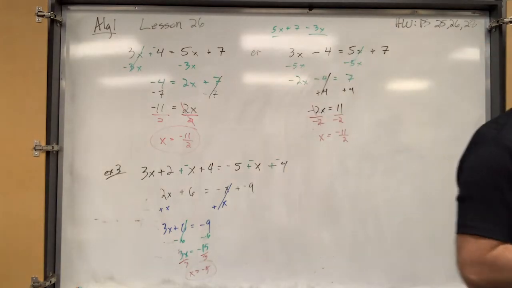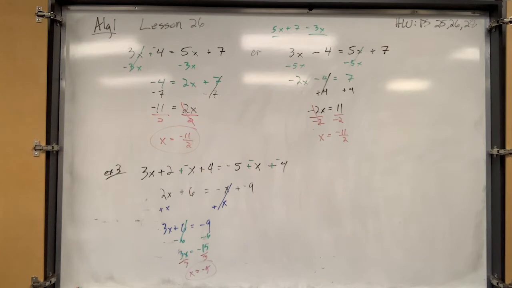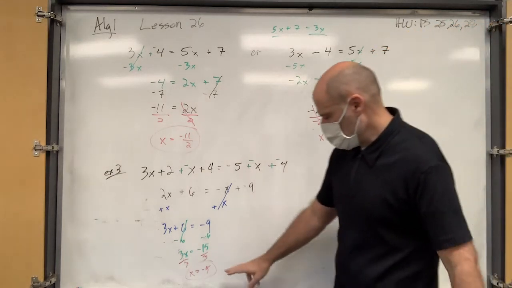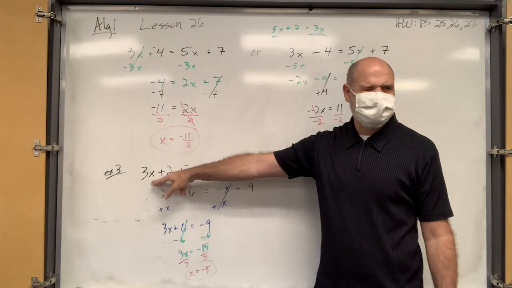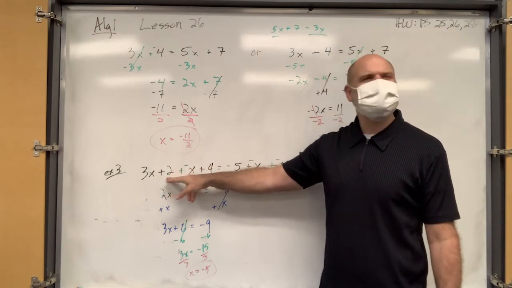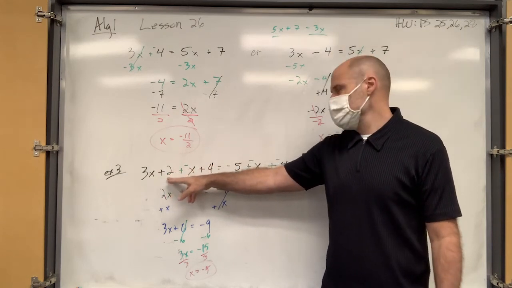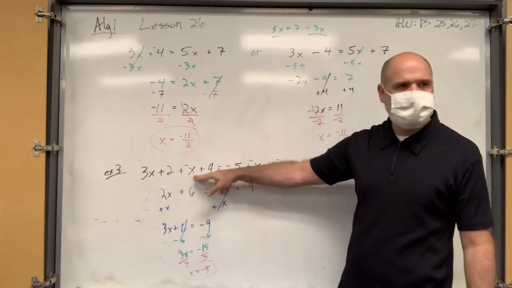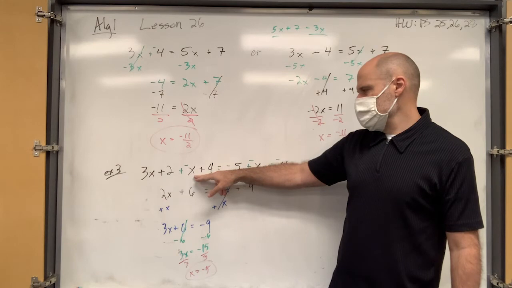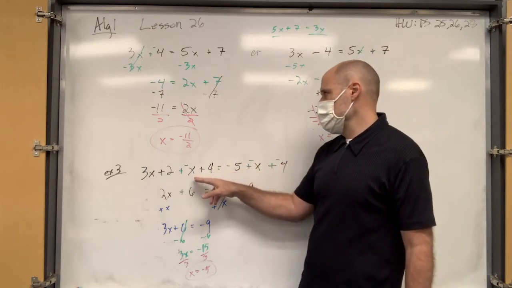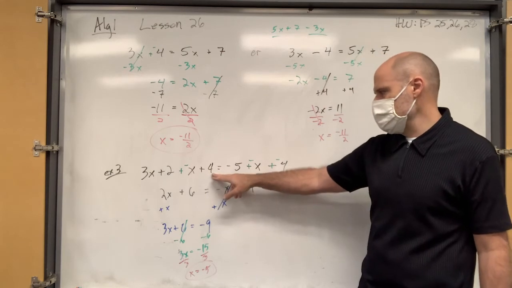All right, and here's something, if you're taking a test, then you should do this. Plug it in. What's 3 times negative 5? 15. Negative 15 plus 2 comes down to negative 13 plus negative 5. So that's negative 13 plus positive 5 is negative 8 plus 4 is negative 4.